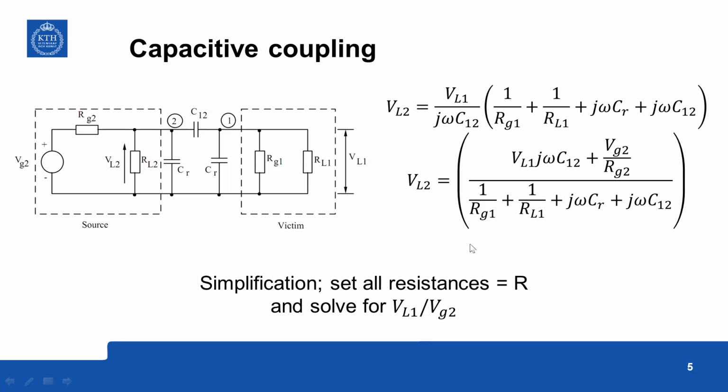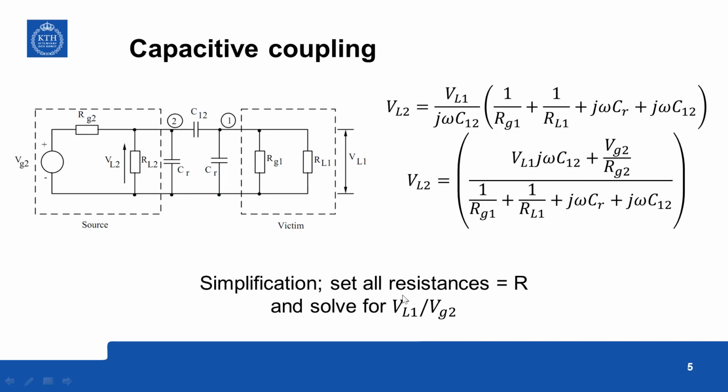Now our aim is to find certain inferences that we can get regarding the character of capacitive coupling. To simplify the analysis, we assume that all these resistors have the same value. Often when we have instruments, we have 50 ohms.